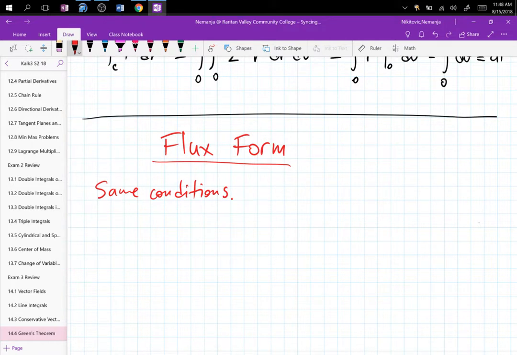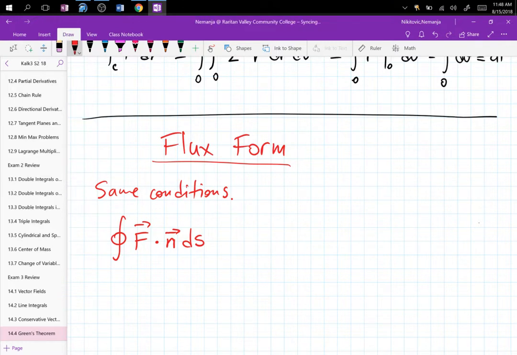Conditions apply, right? And then we have the flux form, right? We use the normal vector, so this is the outward flux.